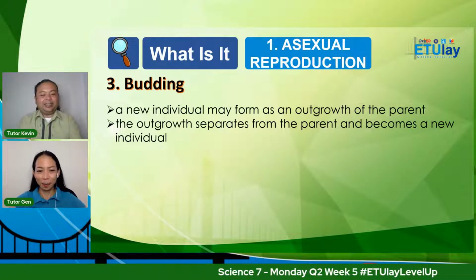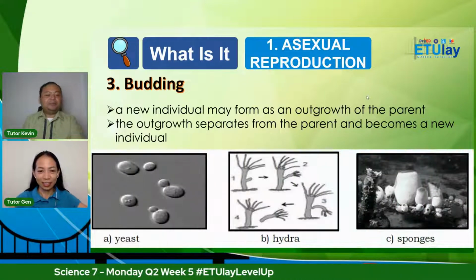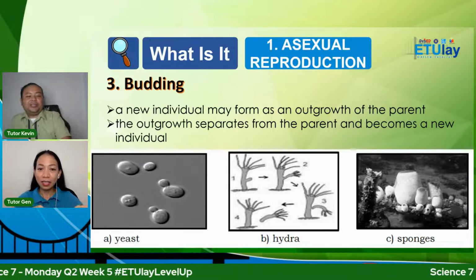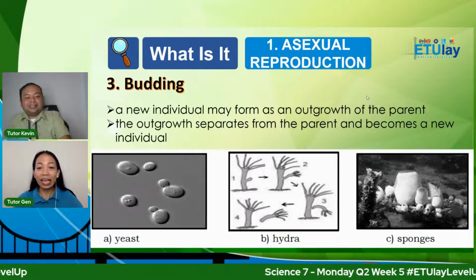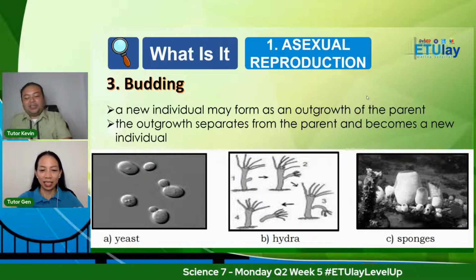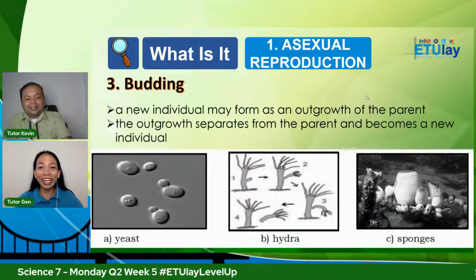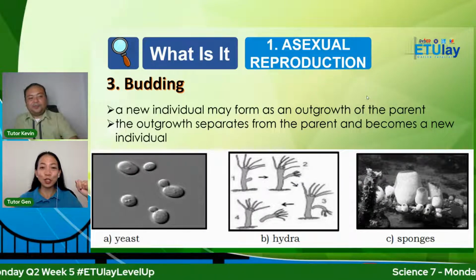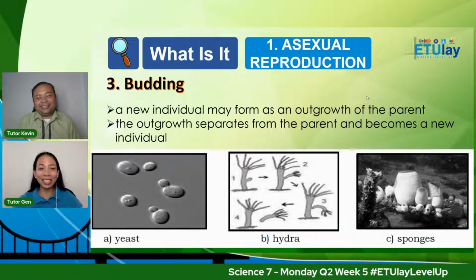Alright, sige. Pakita natin yung mga pictures. Alright, this is the budding. Yan. So we have yeast, hydra, and sponges. Ayan. So ano mention ko kanina, Tutor Kev, yung sponges, hindi to yung sponges sa kusina yung ginagamit na panghugas, kundi yung sponges sa dagat.